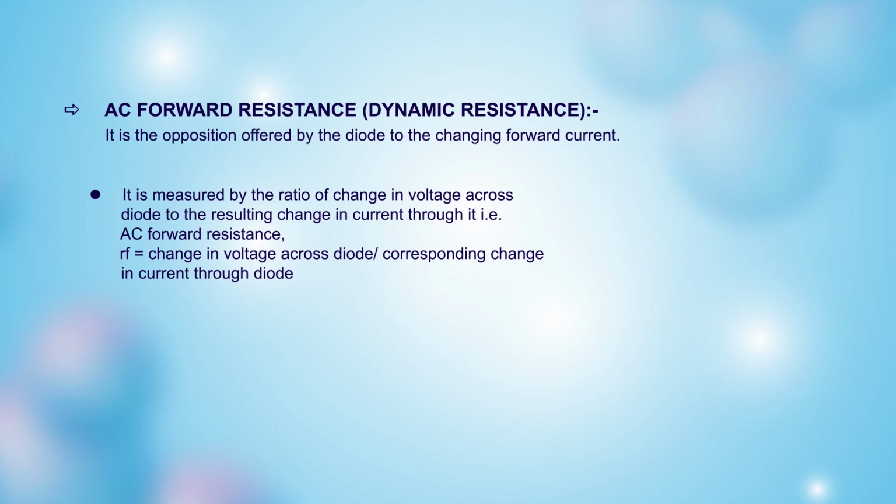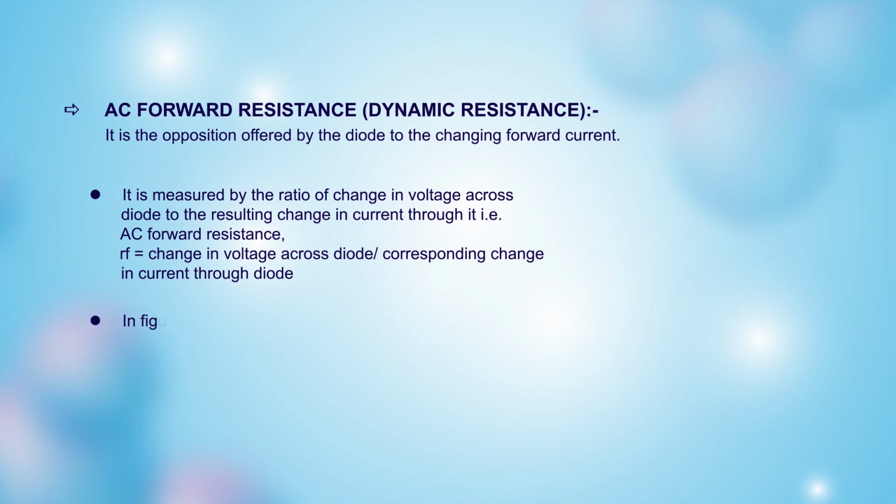As we have seen in the VI characteristics of the diode, when AC flows, there is a change in voltage with respect to time. That change in voltage is taken in the numerator, and with respect to that voltage the current also changes, so the corresponding change in current is taken in the denominator.